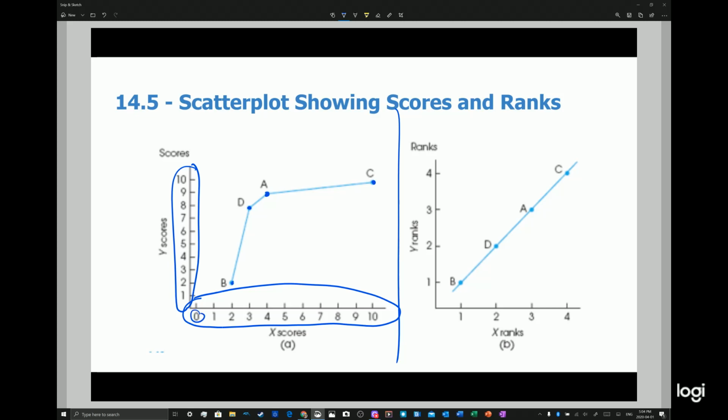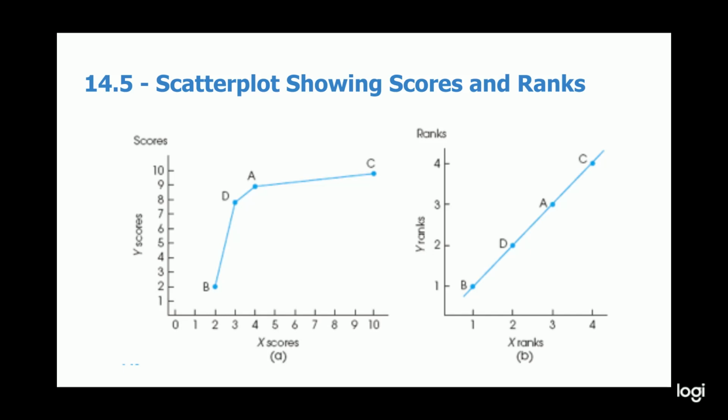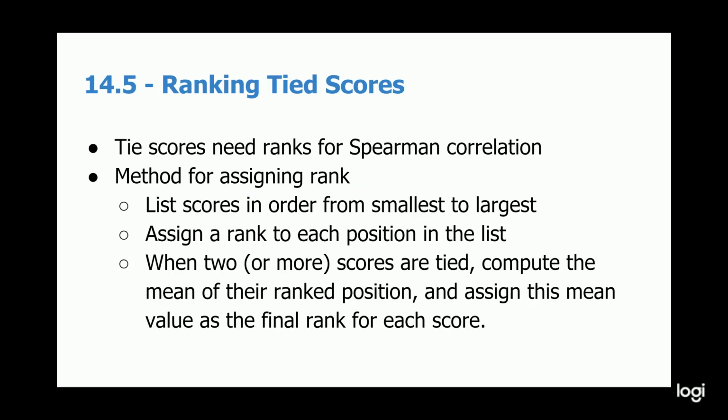And so now instead of a ratio scale, here we use an ordinal scale, ranks, ordinal. These are ranks. Notice here, instead of a curve, now you got a straight line. And because we got a straight line with ranks and not straight up ratio numbers, then we can measure the correlation more accurately using the Spearman R.